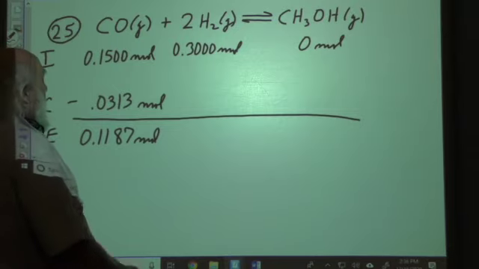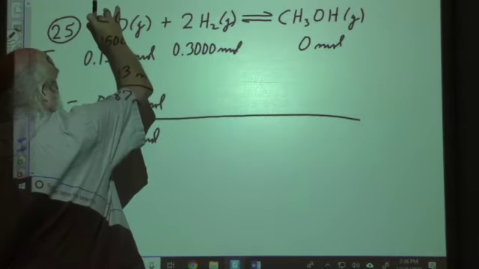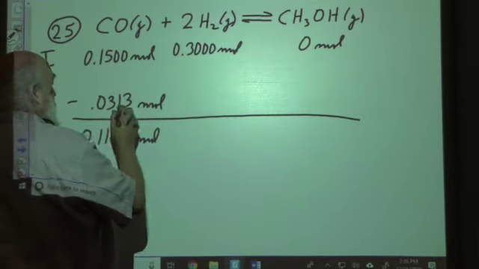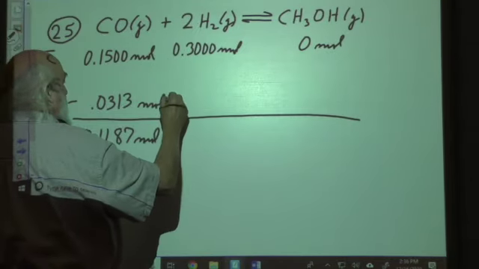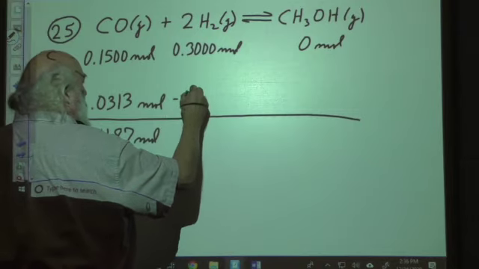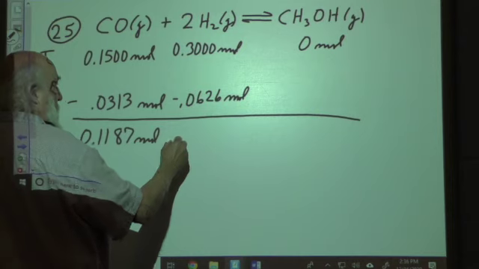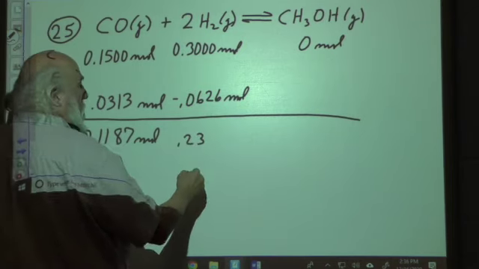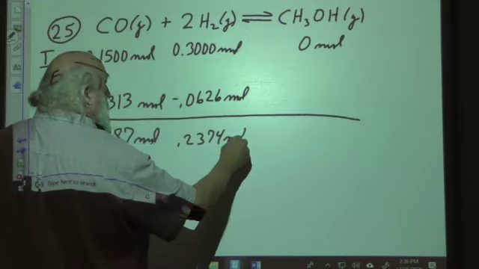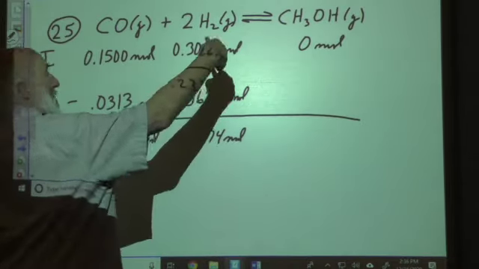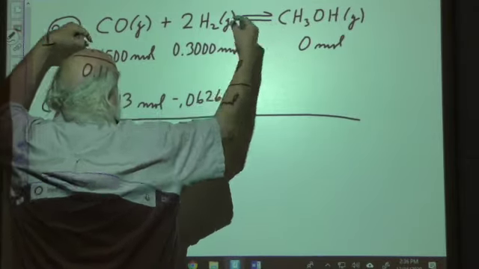Okay. Now, because we have 0.0313 here, and look, we got a 2 here as opposed to a 1 here, so instead of losing 0.0313, it's going to lose twice as much as this loss over here. So this will be minus 0.0626 moles, which at equilibrium is going to become 0.2374 moles. And over here, it's going to gain the same quantity as this right here because they have the same coefficient, 1.